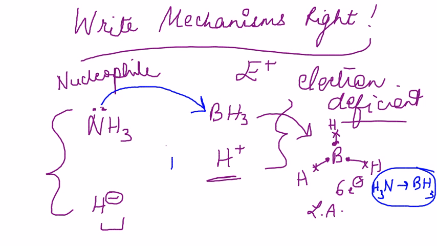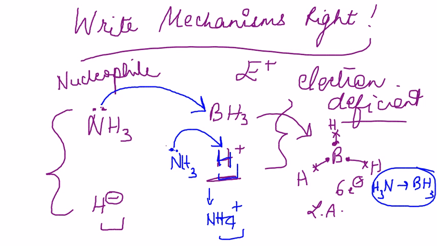Likewise, NH3 can donate electrons to H plus and give you the ammonium ion. Notice the positive charge on the left side of the reaction and the right side of the reaction is the same. Electrons are moving from the source of electrons, which is ammonia, to the sink of electrons, which is H plus.